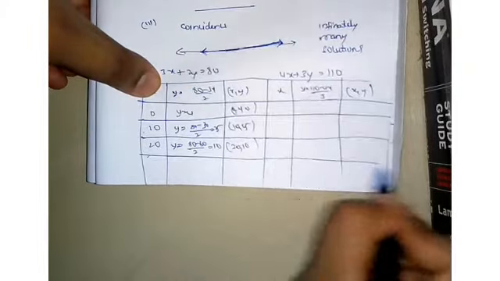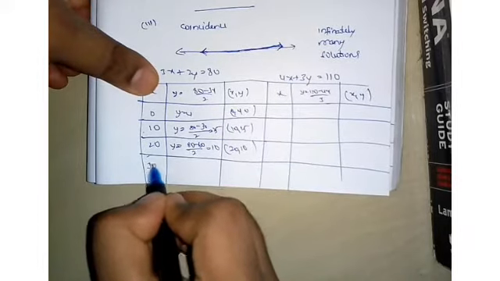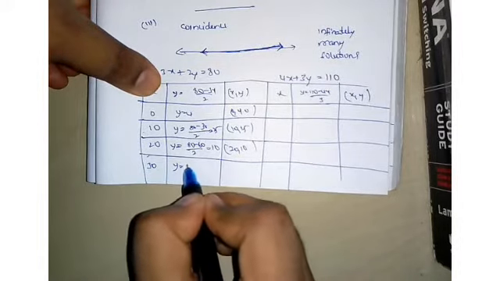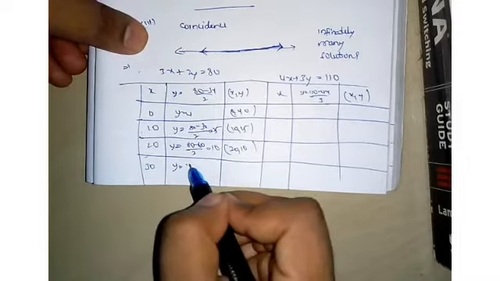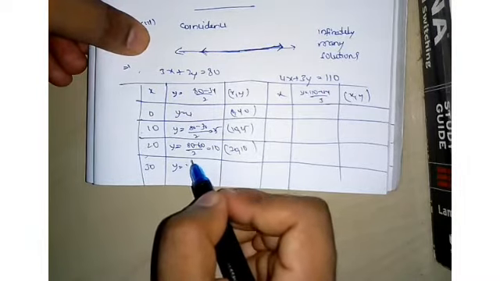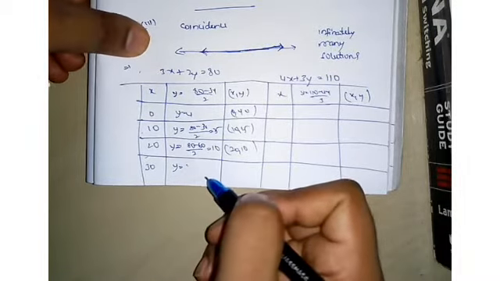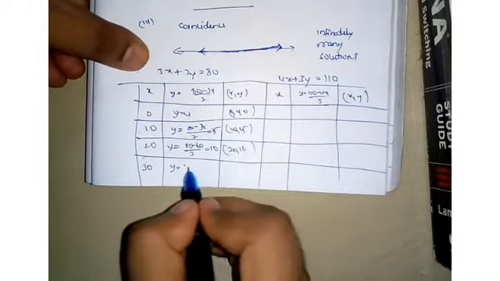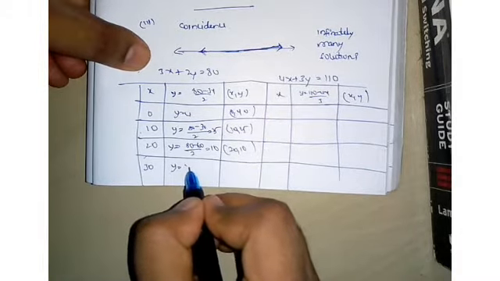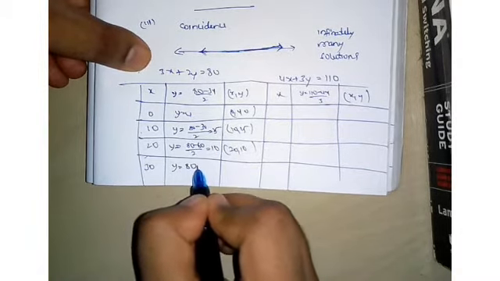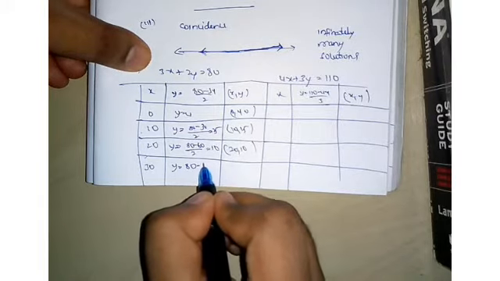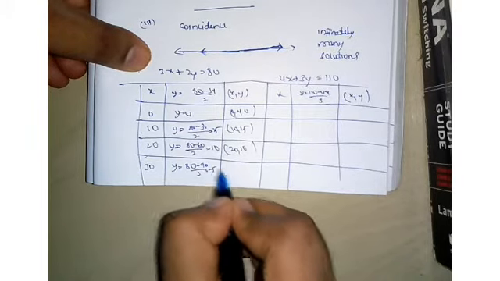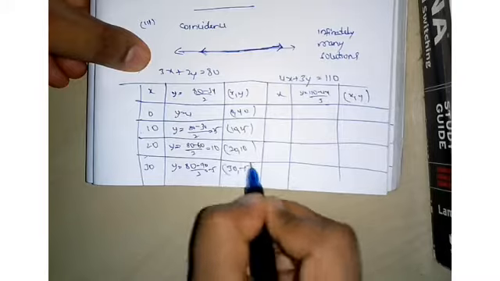Next, for x equal to 30, y will be 80 minus 30 into 3 is 90 by 2, which is equal to minus 5, so 30 comma minus 5.